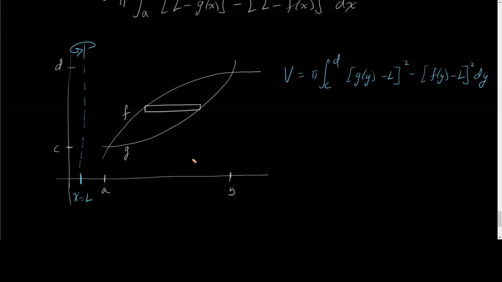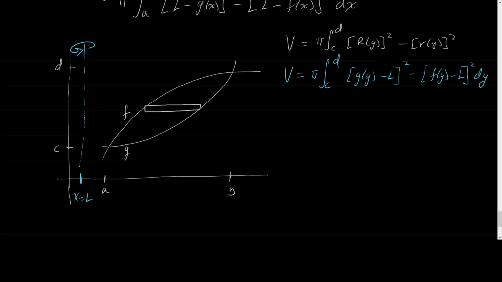And in here again, the idea is that we're just doing a radius with respect to y squared minus a radius with respect to y squared, big radius over little radius.